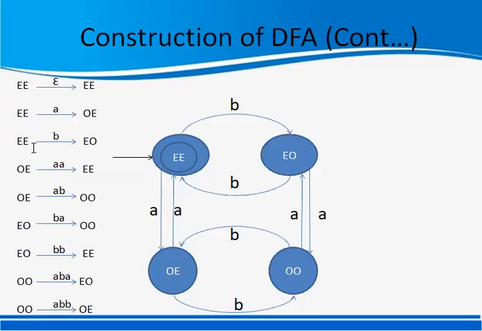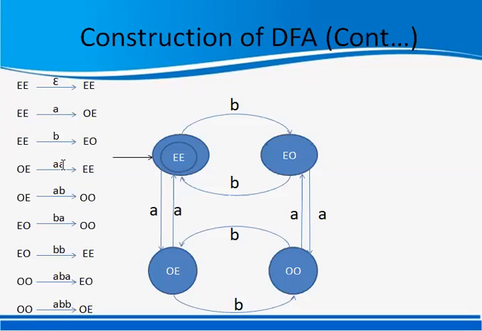Next we will check for the state OE. From state OE, first we will check how we reached state OE on input A from state EE. So first we have A. Now from state OE on input A, our string becomes AA.